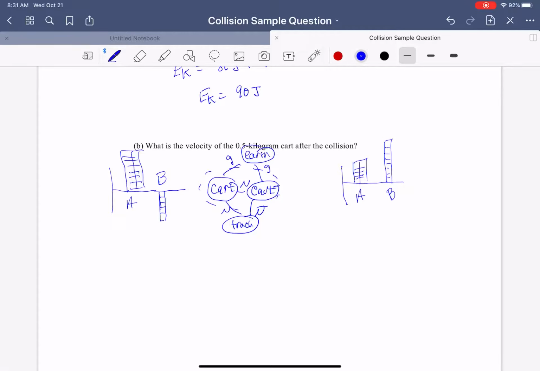So let's go through that math. We need to conserve those mass velocity blocks. So my mass of A times my velocity of A plus my mass of B times my velocity of B will equal my mass of A times my new velocity of A plus my mass of B times my new velocity of B. That's all the physics now. The rest is just algebra.